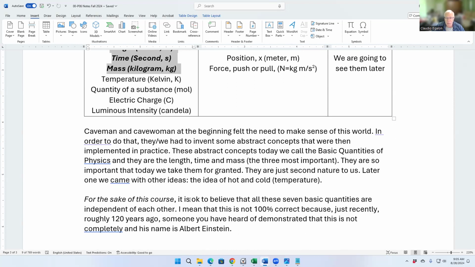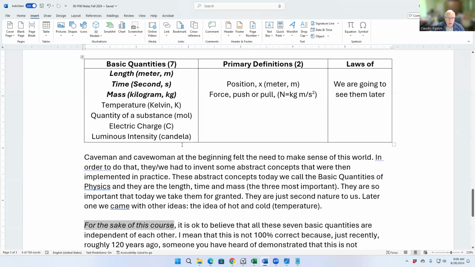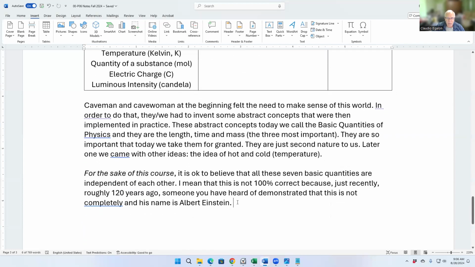Nobody could figure out what he managed to figure out, okay? And he said, look, that's not true. That's not 100% true, okay? But for this reason, I say for the sake of this course. Later on, when you get into Physics 7, then we're going to start worrying about that, okay?